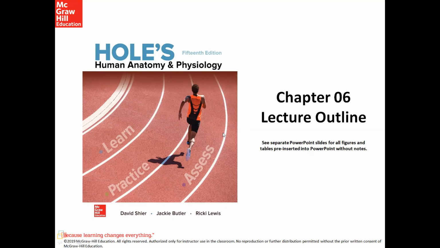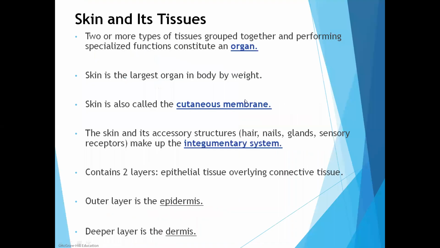So the first organ system that we're going to talk about is called the integumentary system. The first thing that we have to think about is skin and its tissue. An organ is made up of two or more types of tissues. The skin itself is actually the largest organ in the body by weight.